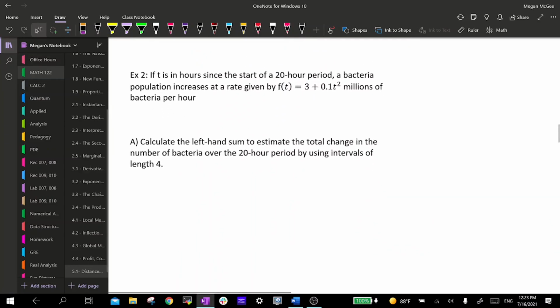All right, so if t is in hours since the start of a 20-hour period, a bacteria population increases at a rate given by f of t is equal to 3 plus 0.1 t squared, millions of bacteria per hour. We are supposed to calculate the left-hand sum to estimate the total change in the number of bacteria over the 24-hour period, using intervals of length 4.